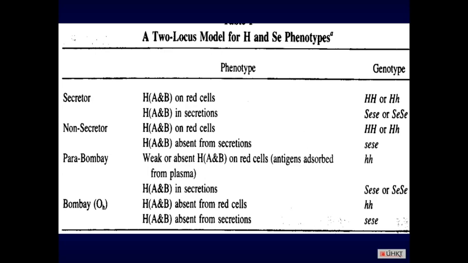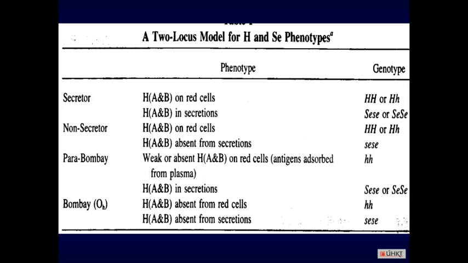Then we have non-secretors, who have ABO antigens only on red cells and not on epithelials and in secretions. And then there are rare groups where there can be discrepancies between phenotype and genotype, para-Bombay and Bombay.